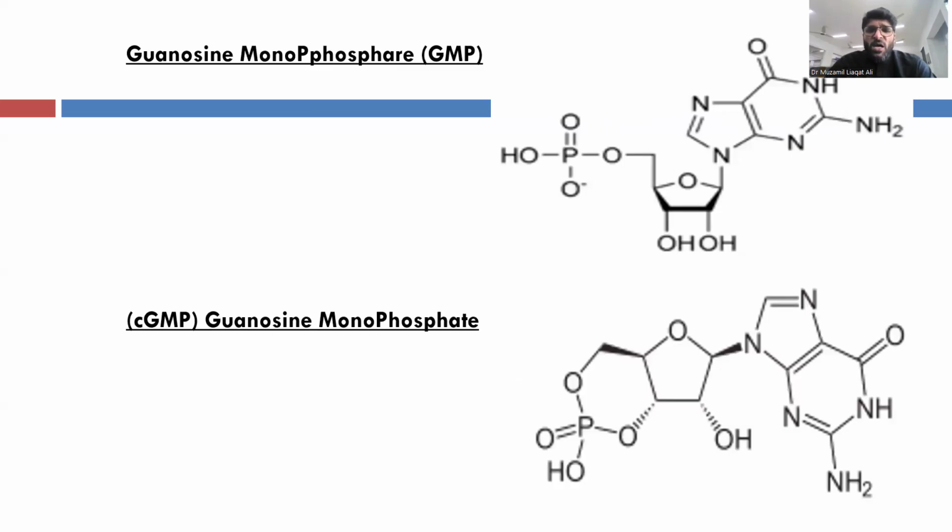Next is cyclic guanosine monophosphate, cGMP. Similarly, GTP is converted to cGMP by guanylyl cyclase. We will study cGMP in detail in part 2, but note its structural and functional similarity to cAMP, that is cyclic AMP.